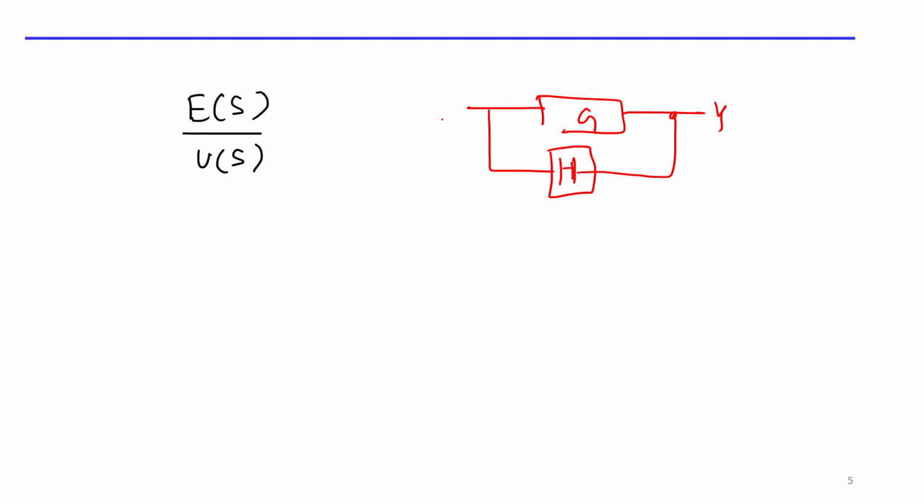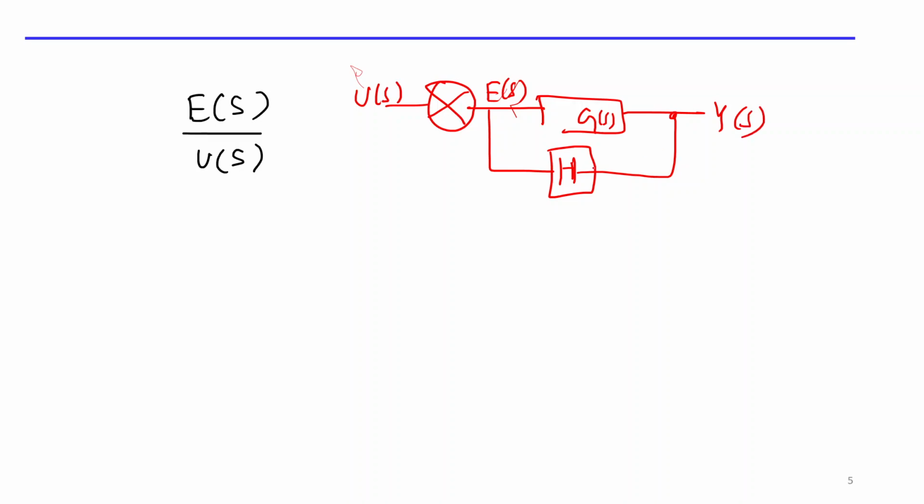Here, let me draw it quickly. This one is G, this one is H, this is feedback, this is Y, this is the summing block, this is U, this is E. Everything with s is there, I'm not writing it for simplicity.